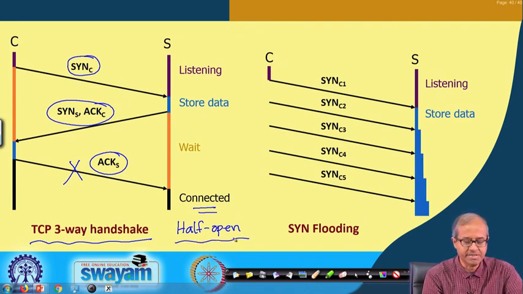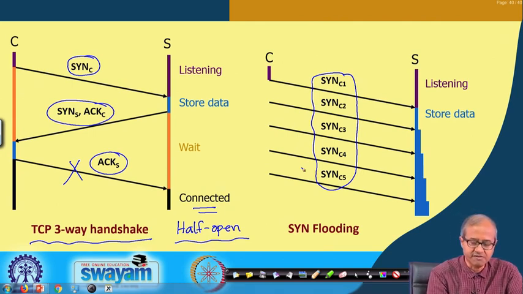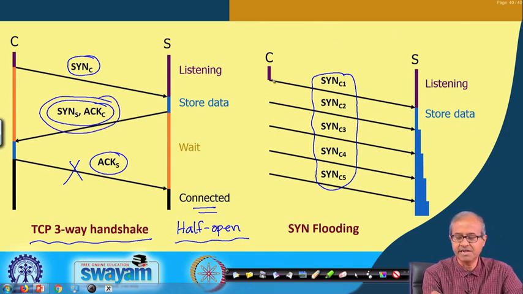So, what will happen is that the client will be sending many SYN packets where the IP addresses are spoofed. The server is sending back this SYN-ACK packet, but not to the client, but to some other dummy IP addresses, which will not be sending back this third ACK.